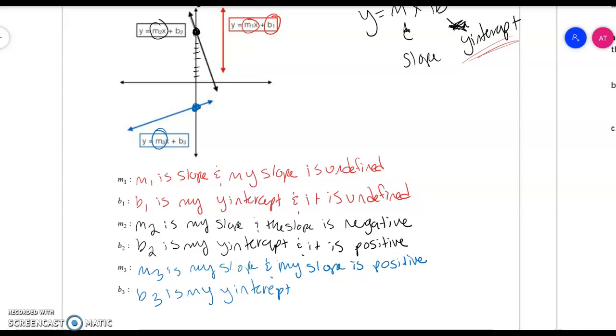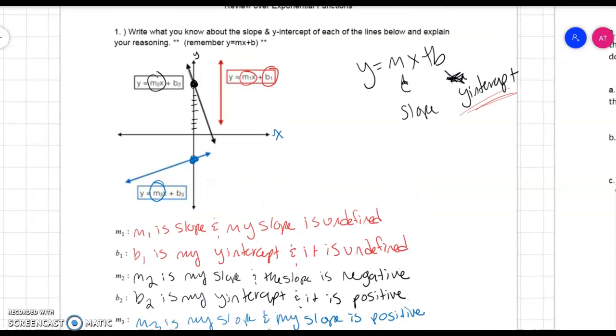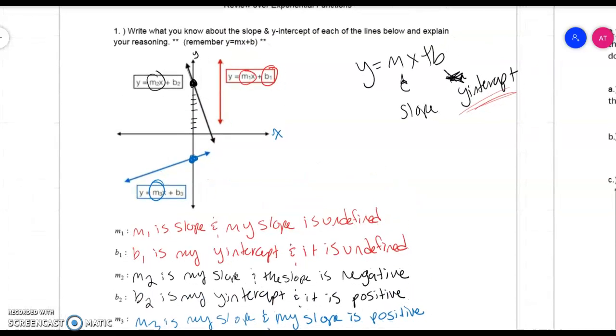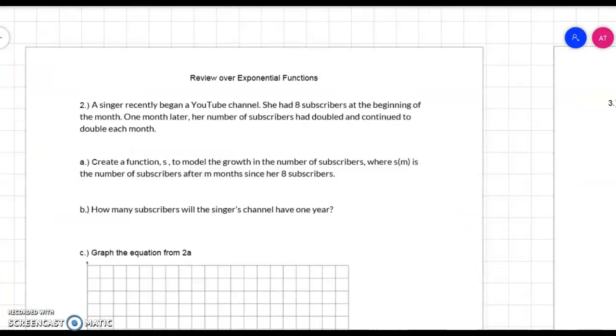Well, it's on the y-axis, and below the x-axis is negative numbers. So B3 is my y-intercept, and it is negative. Okay, so all you're looking for in this question is describing what is going on, which is my slope, which is my y-intercept, and determining if it's positive, negative, undefined, or 0.